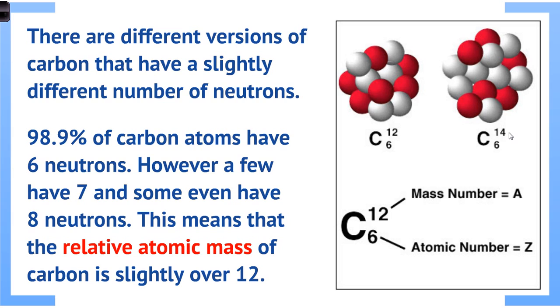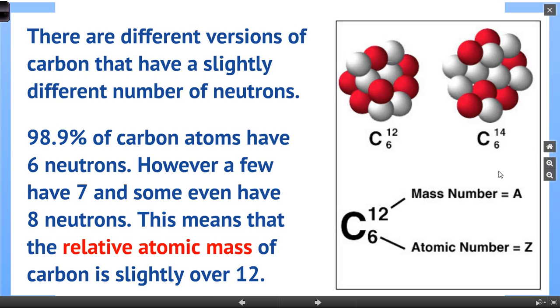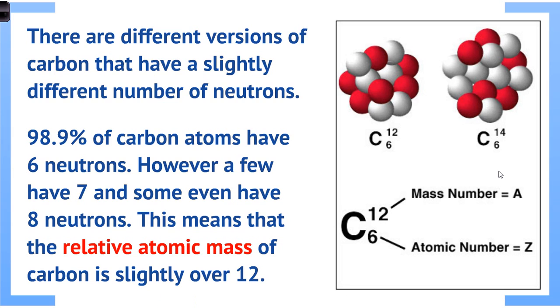The difference between these is simply that one of them has extra neutrons. 98.9% of carbon atoms have 6 neutrons. However, a few have 7, and some even have 8. The one that has 8 is known as carbon 14, because it has a mass of 14, and that one's sometimes used in carbon dating. You may have heard of that.